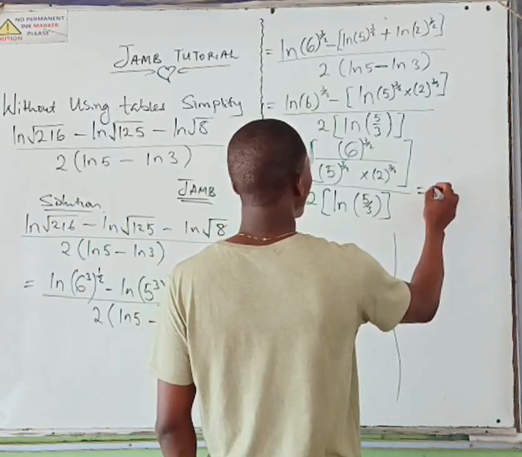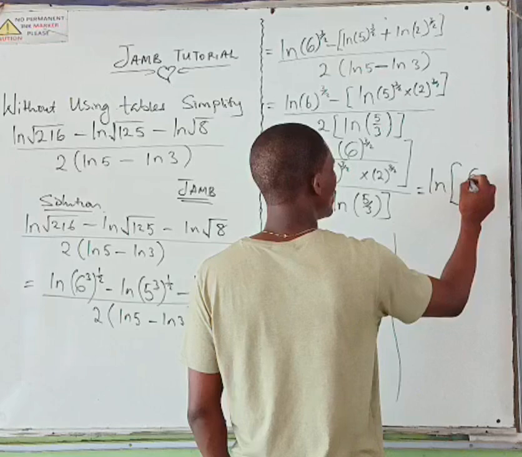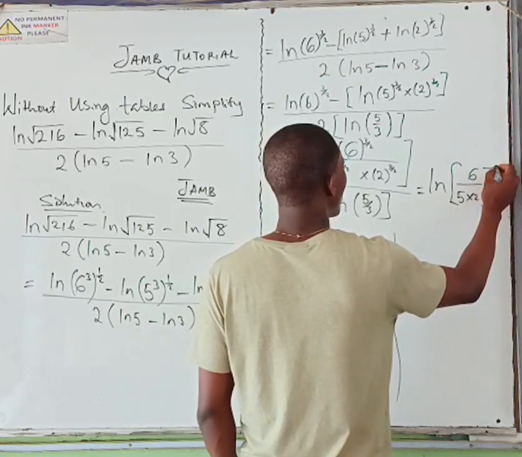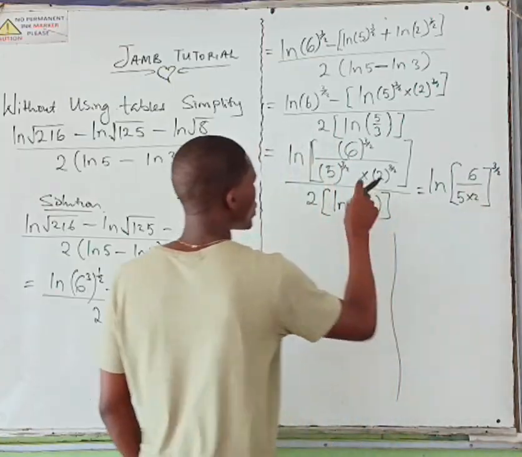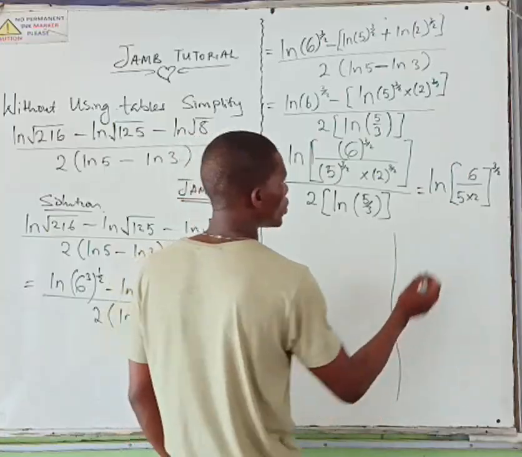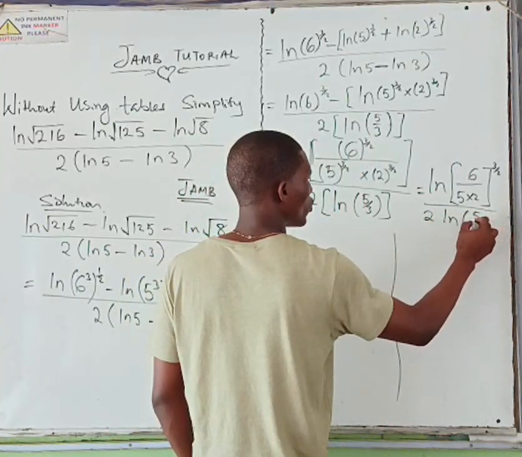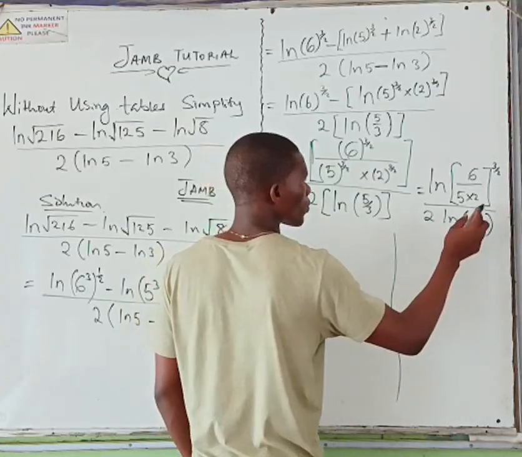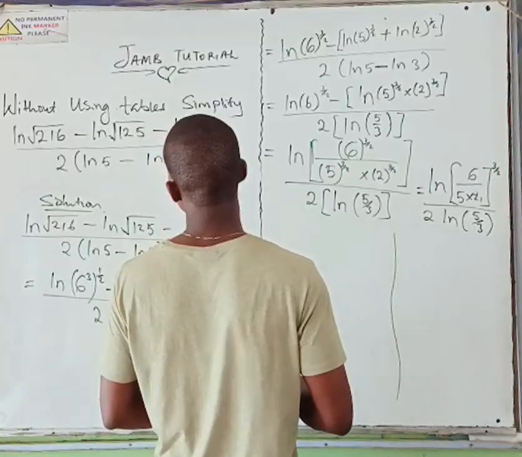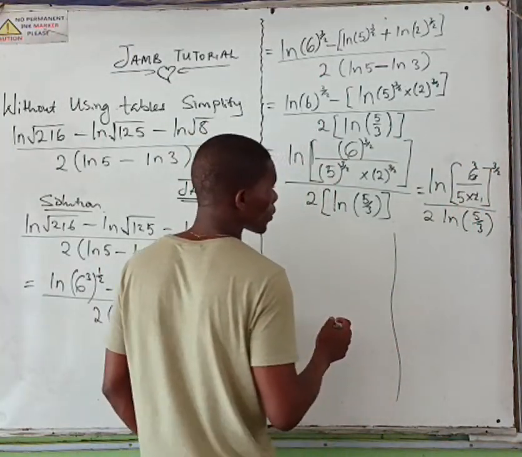Right? So this equals ln of, this can be written as 6 over 5 times 2, all to the power of 3 over 2, because 3 over 2 is common to all the powers, so we can write everything to the power of 3 over 2. Then we have over 2 ln 5 over 3.